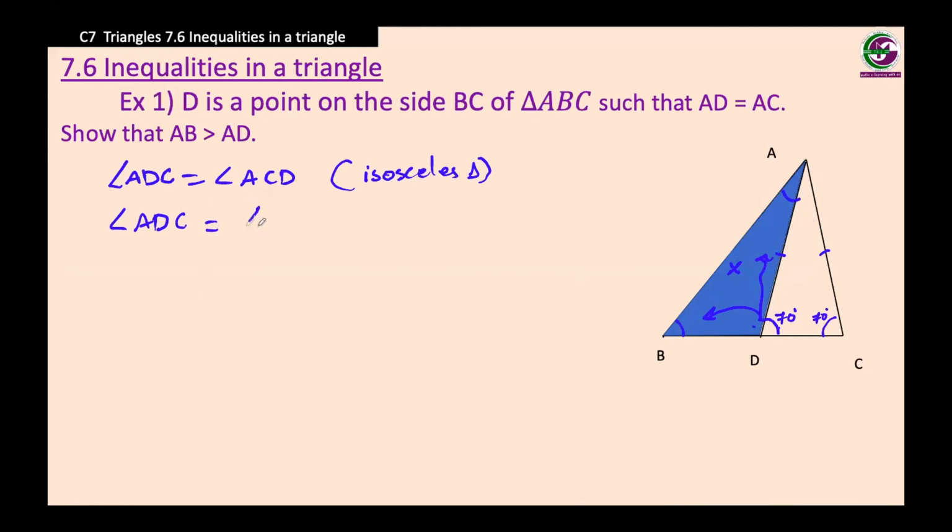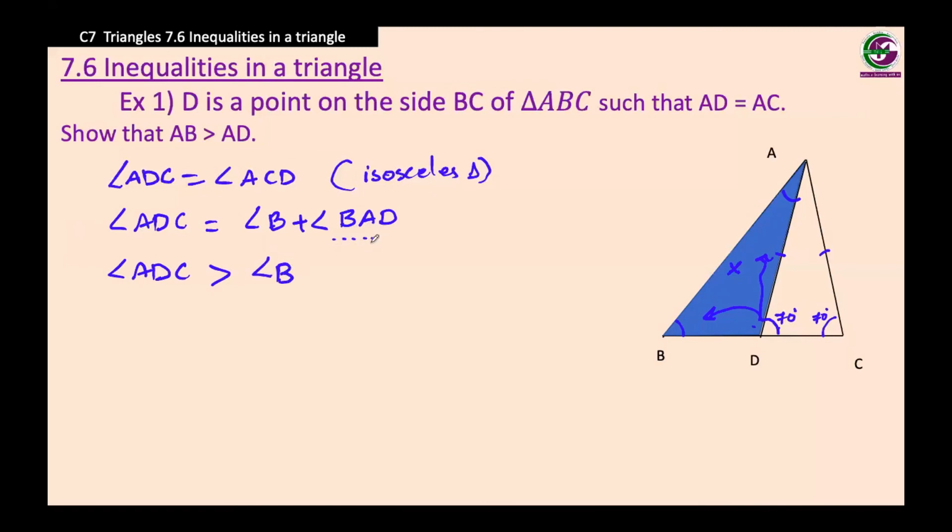So which means angle ADC is equal to angle B plus angle BAD. So an angle is equal to one angle plus the other angle. So if you add a number, which means the other angle is larger. Just if you compare between ADC and B only, which means ADC is greater than angle B because I'm removing an angle from here.